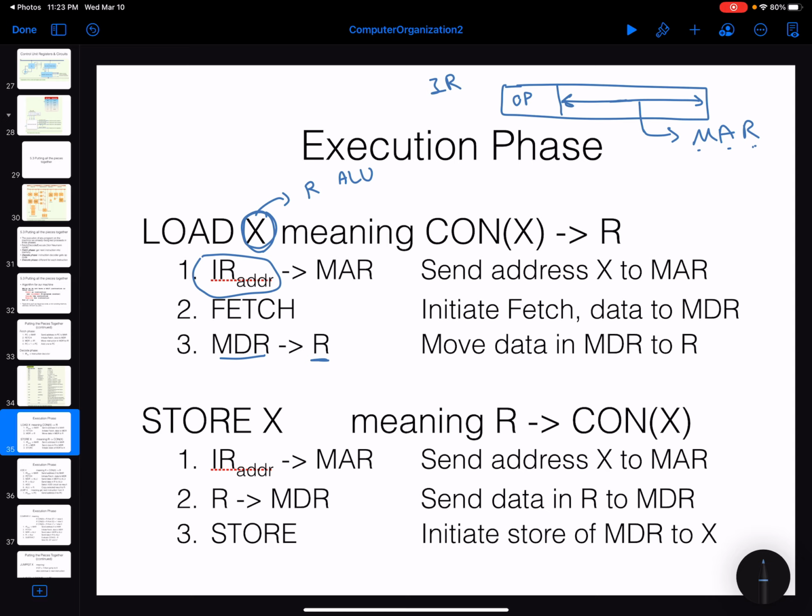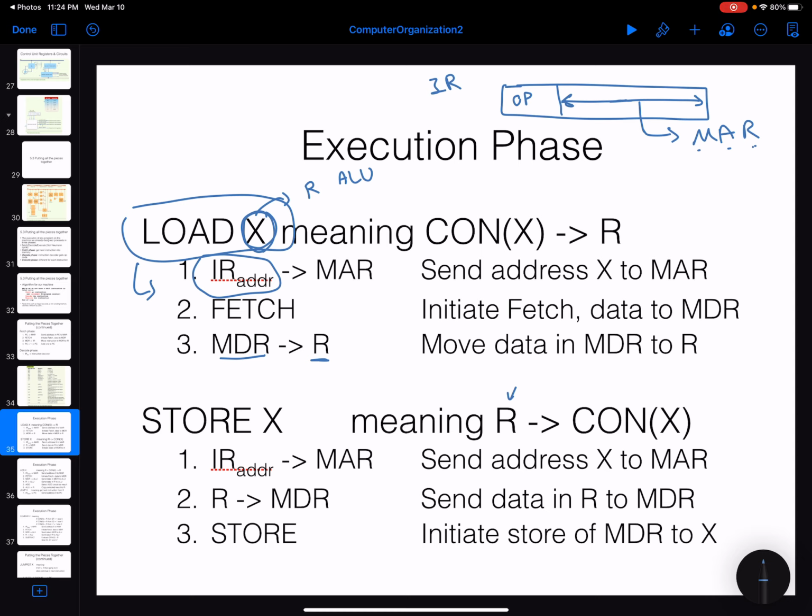So when you are writing load X, in fact, all these three steps need to be done. Or when you are writing a store X, it means that you are going to copy the value from register R inside the ALU into the address X in the memory.